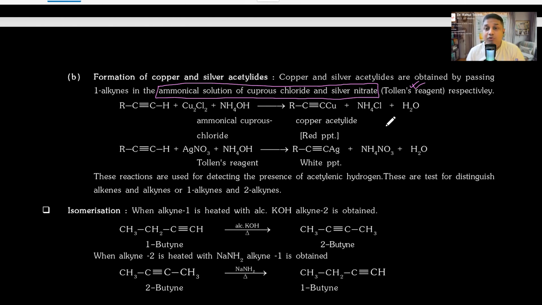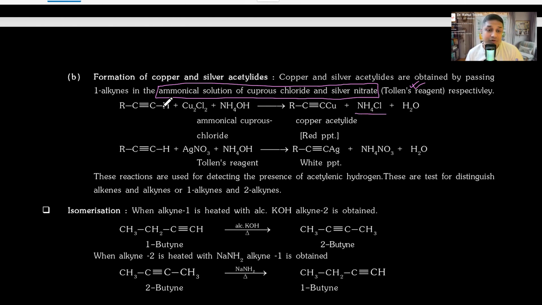Yes. And if you pass a terminal alkyne, which is gaseous in nature most of the time, unless it is too heavy, if you bubble it through this oxidizing reagent, what will happen? Copper as well as ammonium will have a substitution happening among themselves. So one of the ammonium will take one of the chlorine, forming ammonium chloride. Correct?